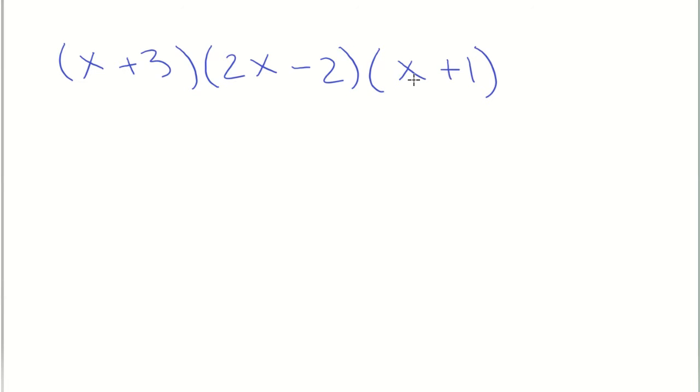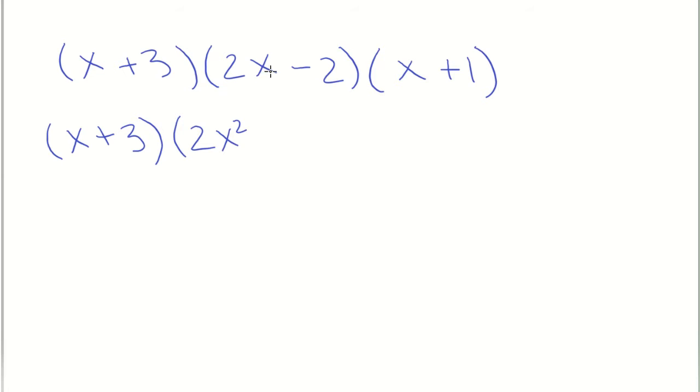So 2x times x. And what I'm going to do here is actually go ahead and put my x plus 3 there and just kind of leave it, and I'm going to put a parentheses. So now 2x times x is 2 times 1 is 2, and x times x is x squared, it's positive.